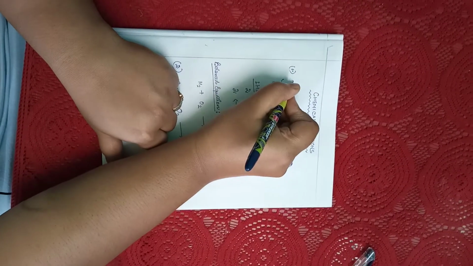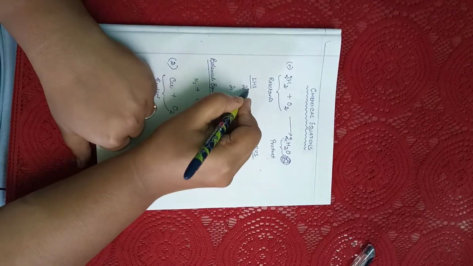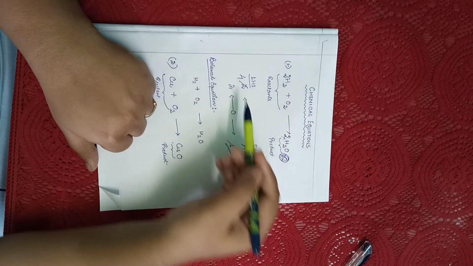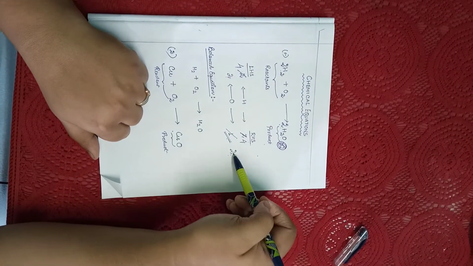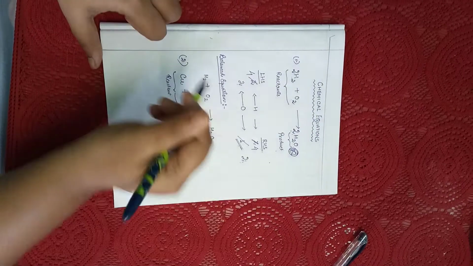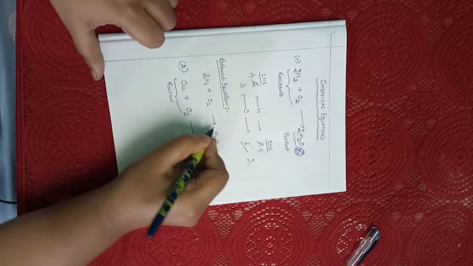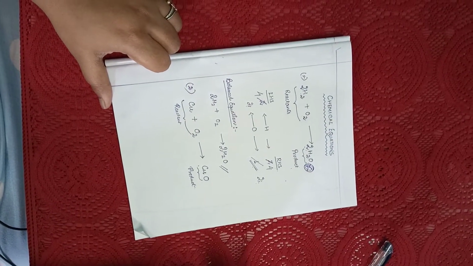We need to put a 2 again here also. Yes, so now on the left hand side we have hydrogen 4, right hand side also 4. Similarly on the left hand side we have oxygen 2 and on the right hand side oxygen 2. So your new balanced equation will be 2H2 plus O2 is equal to 2H2O. This is how we balance an equation.